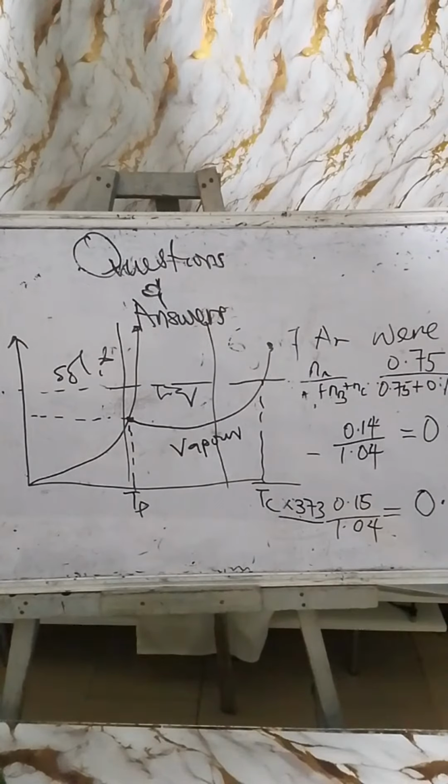I'm asking you the question, what is TP and TC? TP means what? We should know that to be triple point, where the three states of matter meet. And TC means the critical what? Temperature. The temperature at which gas becomes supercritical fluid.